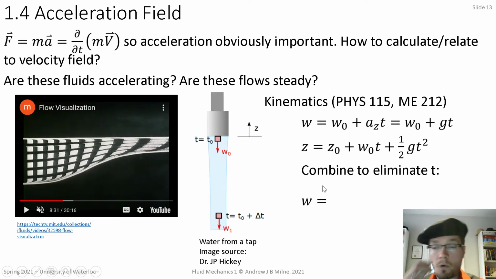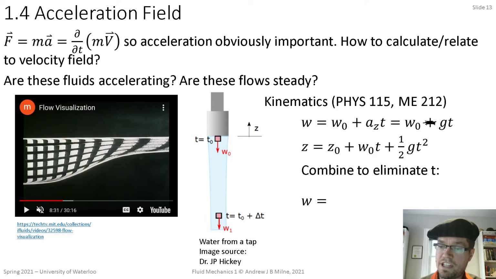The equation for w is there. The velocity of a falling body is its initial velocity plus acceleration times time. And so that velocity should actually be a negative there because g is in the negative direction.